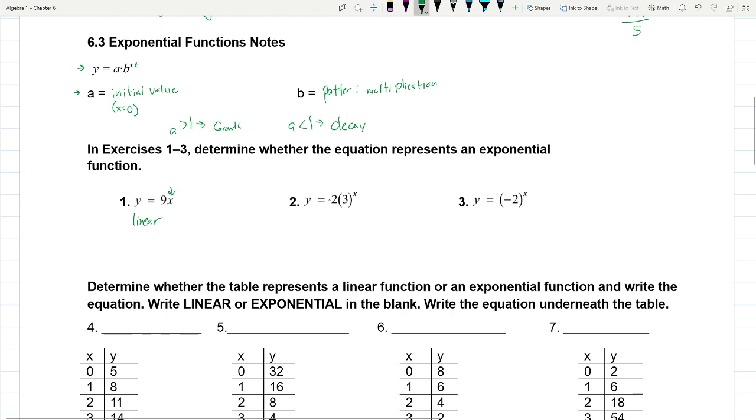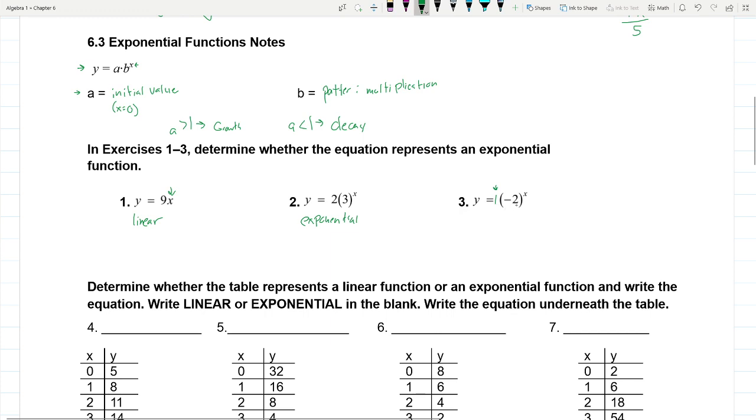All right. Number two, we have the x in the exponent location. So this is exponential. Y equals negative 2x, and this is interesting because you're like, well, where's the a? The a in this case is a 1.